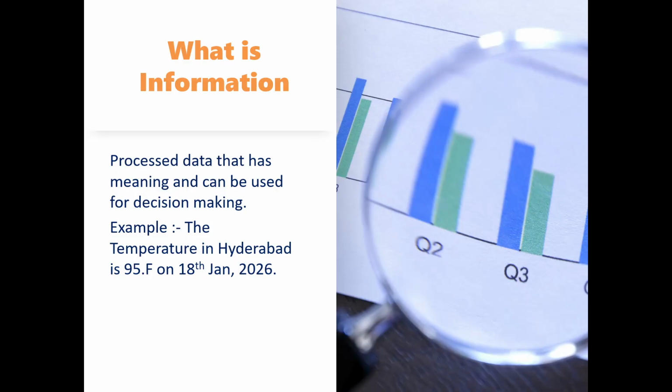For example, the temperature in Hyderabad is 95 degrees on 18 Jan 2026. This has complete meaning, and this is called information.